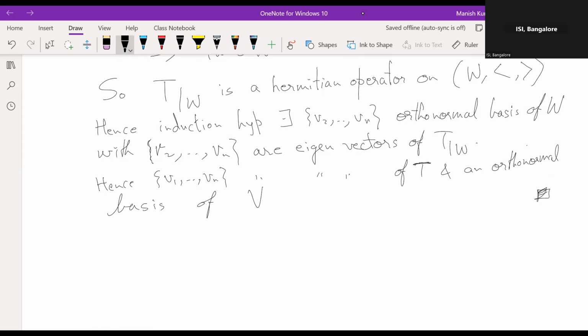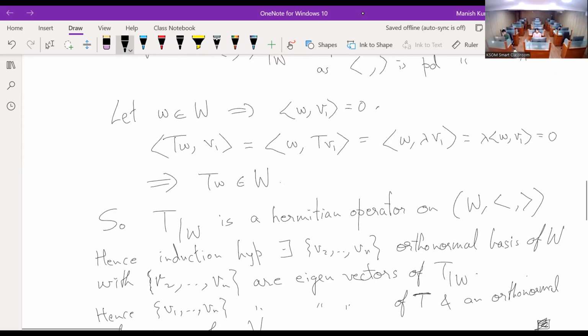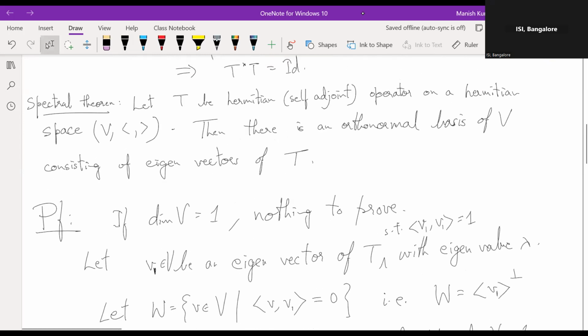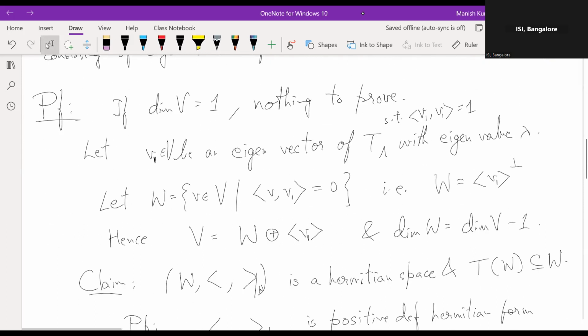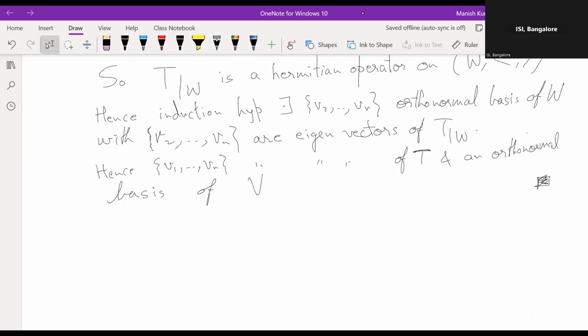Okay, is that fine? Yes. So that is the thing we wanted to prove, that there is an orthonormal basis of V consisting of eigenvectors of T. Okay, so this is done. Yeah, so now any questions or comments?